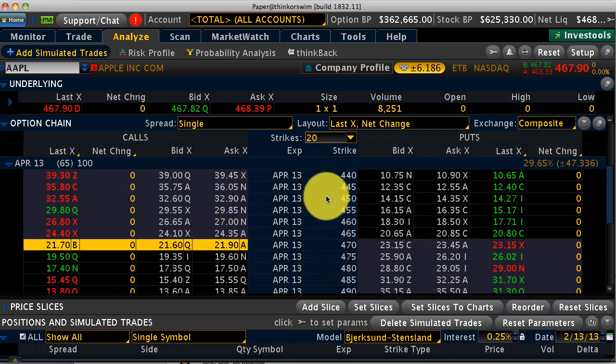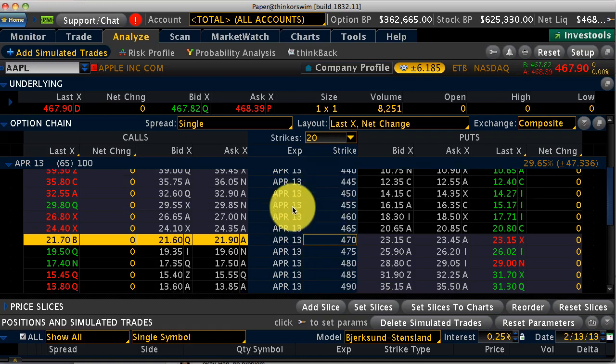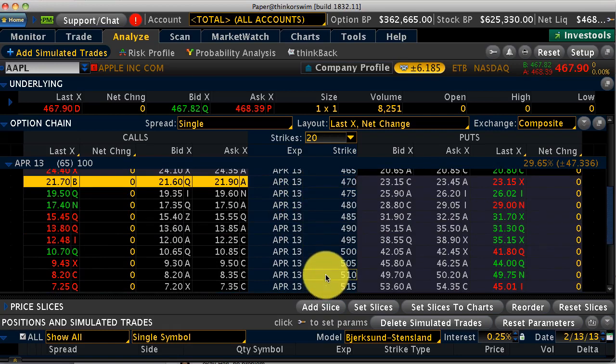Will you buy an in-the-money option like the 440? Will you buy an at-the-money option? Or will you buy an out-of-the-money option? Depending on what choice you make, your probability and your cost for this option is going to change.